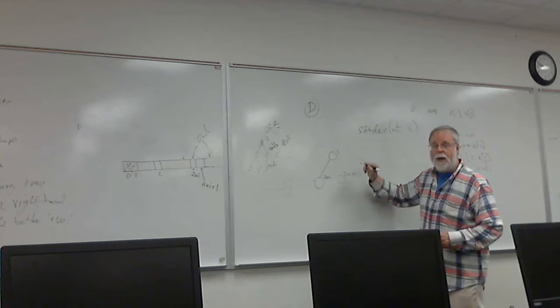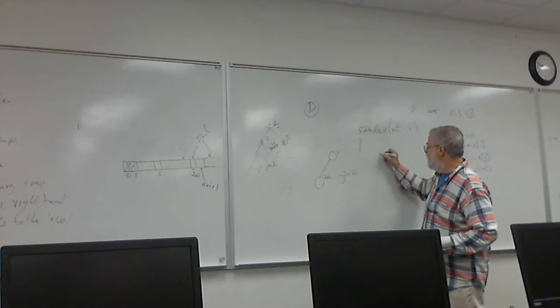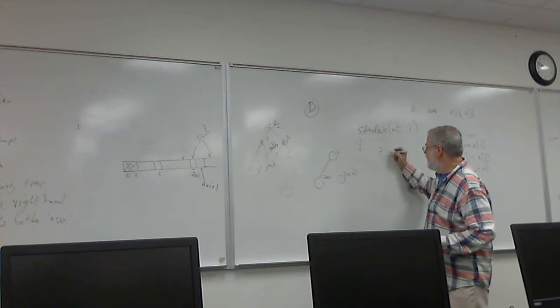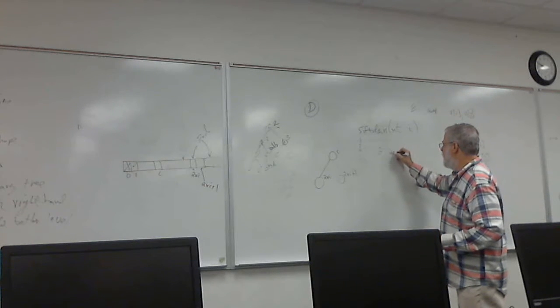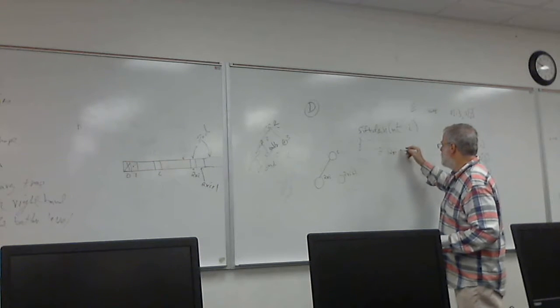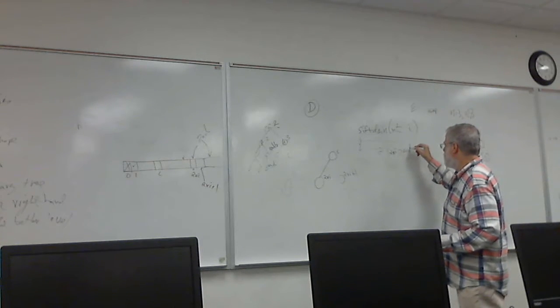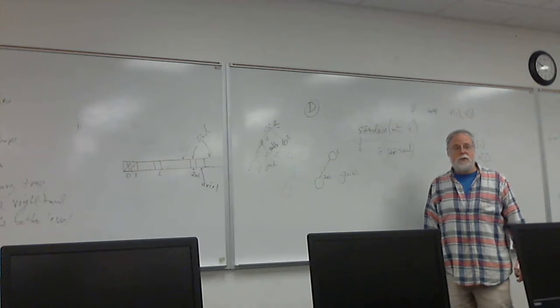So I'm reminding you of the code now. You say, if 2 times I is greater than n, then what does that mean? It means this node doesn't have any children.